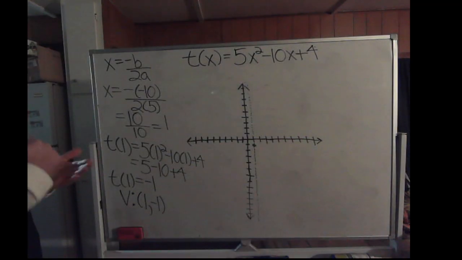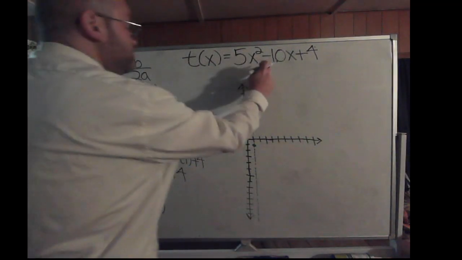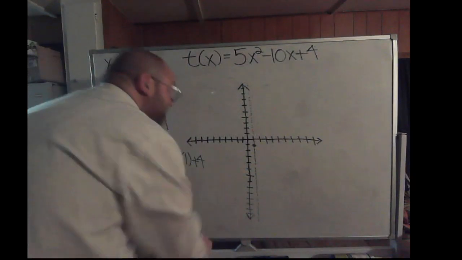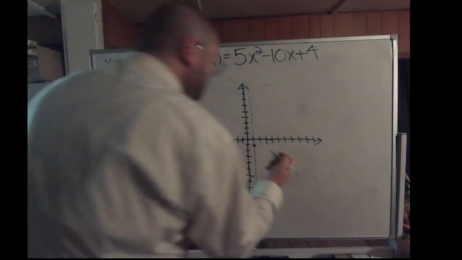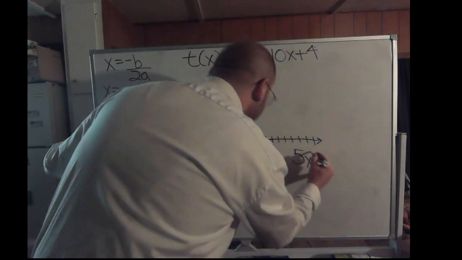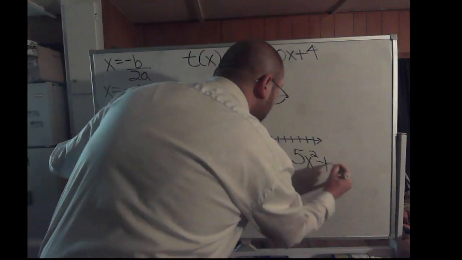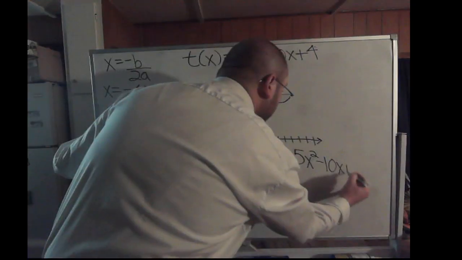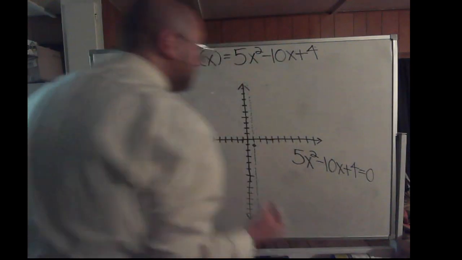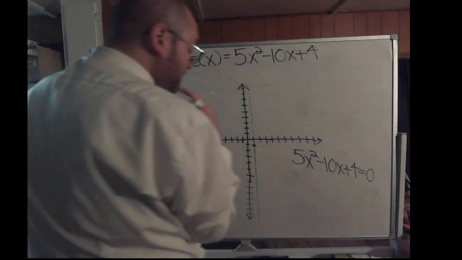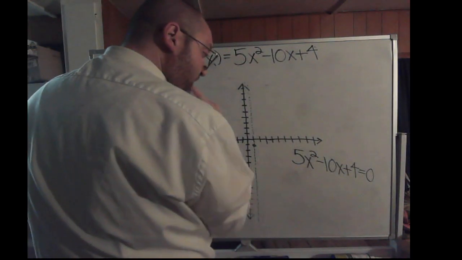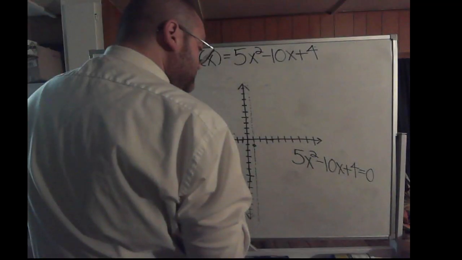Now, last but not least, let's take this function itself, set it equal to 0, so we can find the x-intercepts. So we'll have 5x to the second power minus 10x plus 4. Set that equal to 0. Alright.